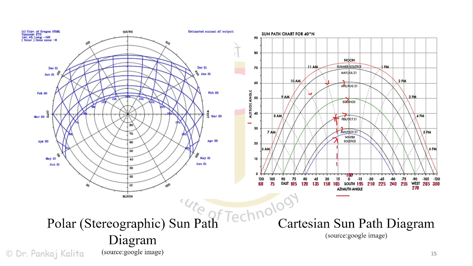The perpendicular on the x-axis will give you the azimuth angle, and the perpendicular on the y-axis will give you the altitude angle, right? This sun path diagram is the most commonly used, so I have explained only this one. Hope it is clear how to calculate the azimuth and altitude angle from a sun path diagram.